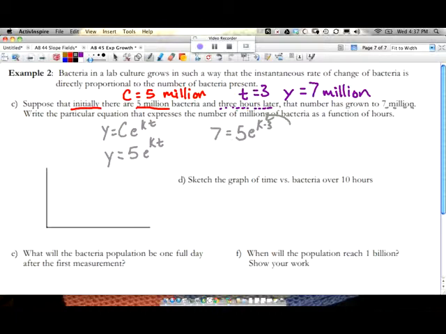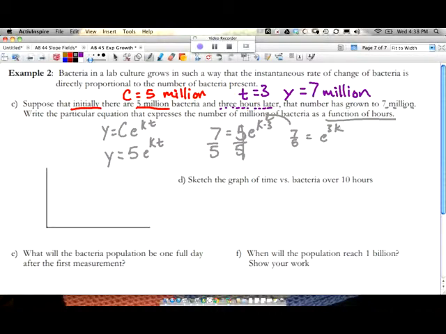So what do I want to do? I've got to write a particular equation that expresses the number of millions of bacteria as a function of hours. So for me to write that out, I need to figure out what k is. So how do I figure out what k is? Well, I do some algebra. I divide both sides by 5. That gives me 7 over 5 equals e to the 3k.